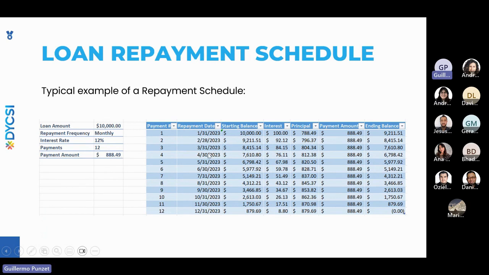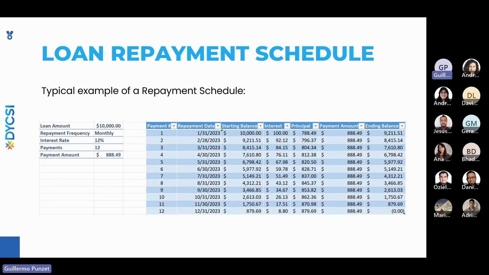Okay, so this type of repayment schedule that we're seeing is a French amortization where you have the same payment throughout the period of the loan. This makes it really easy for borrowers because they won't have to be searching for exactly how much they should pay each period.